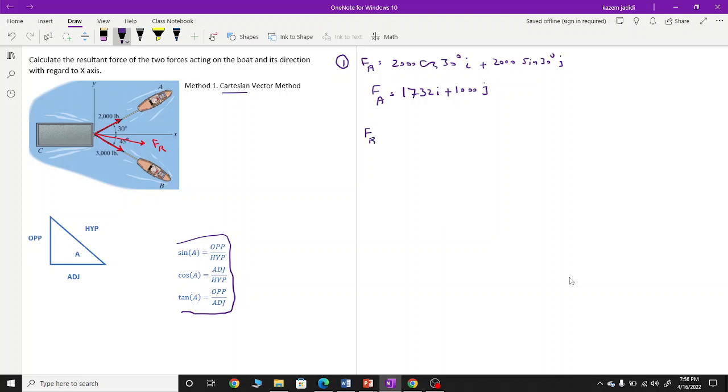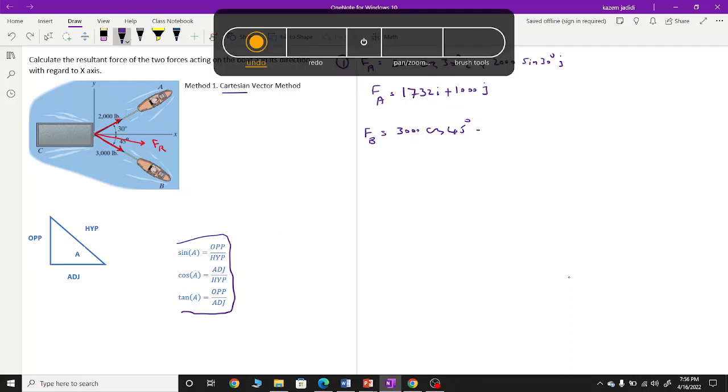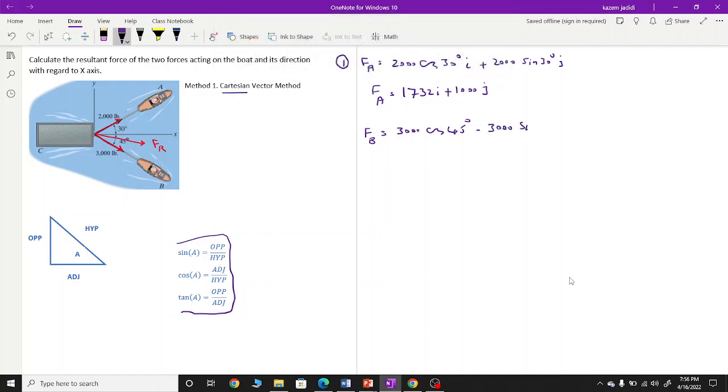I will do the same with the B force, Fb. The magnitude of the force is 3000. Again, adjacent is cosine 45. But the opposite, which is Fy, because Fb is acting in the negative direction, is going to be negative 3000 times sine 45.